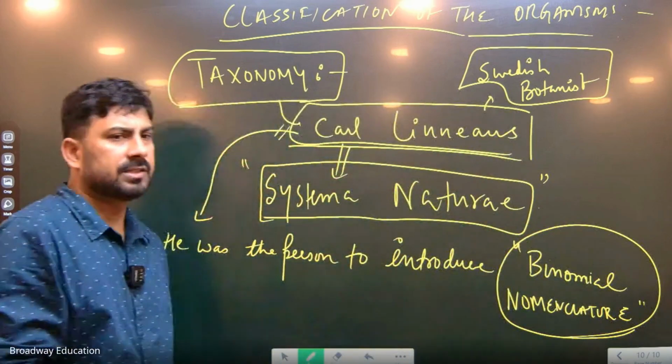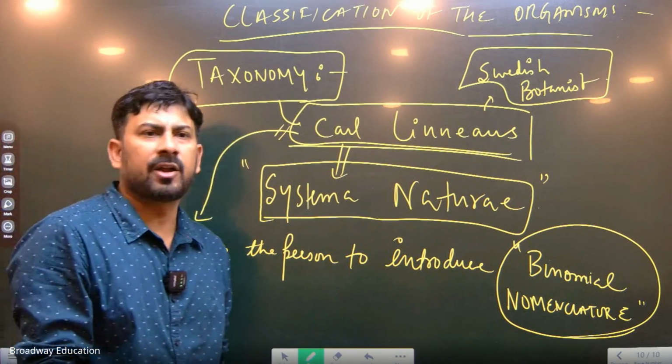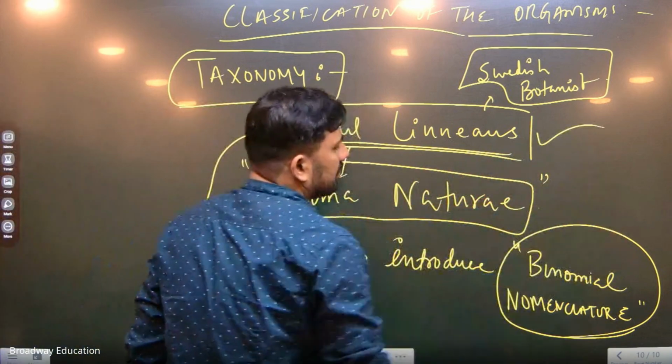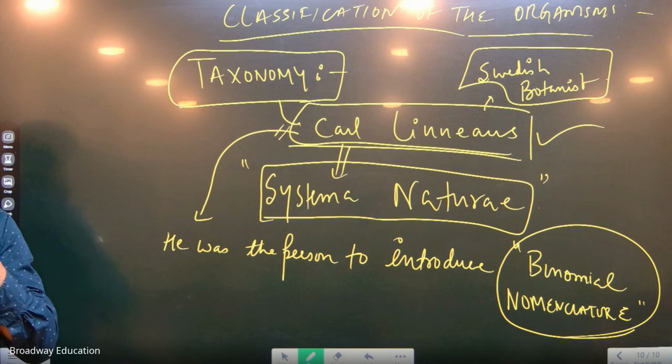Please write it out. The person who was responsible for the introduction of the binomial nomenclature is called Linnaeus. Is this part clear? Yes or no? Binomial nomenclature is naming of the organisms. Getting my point? Yes or no?